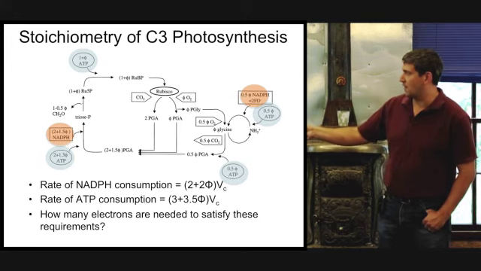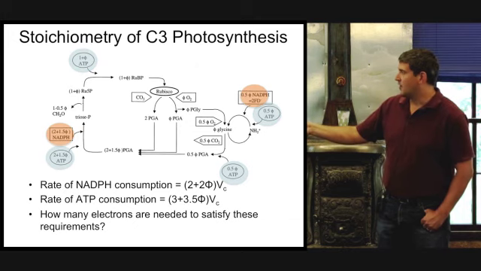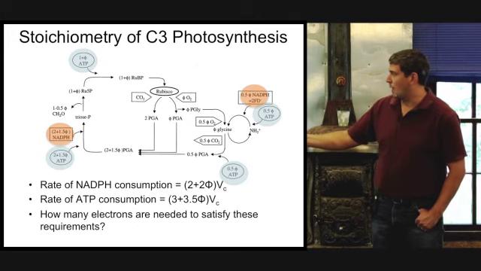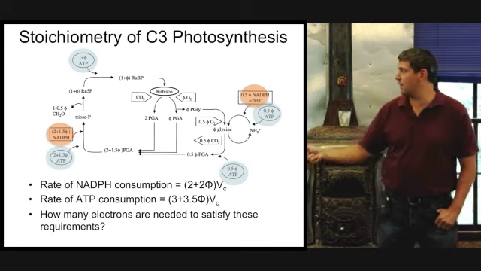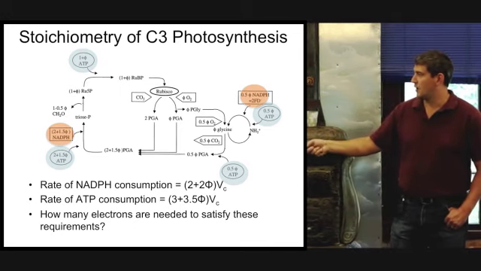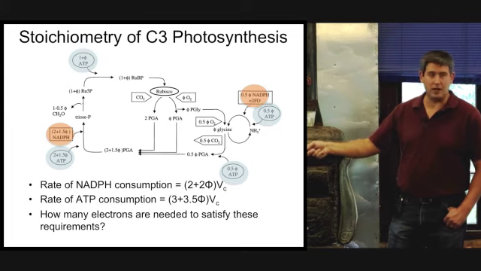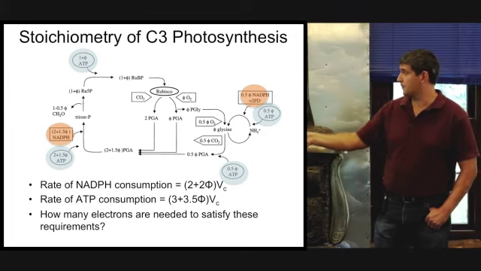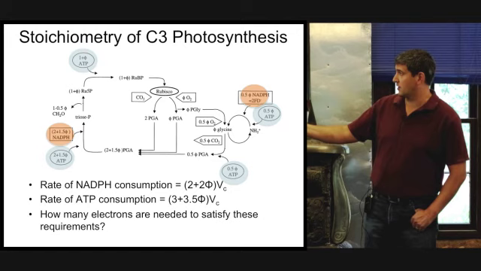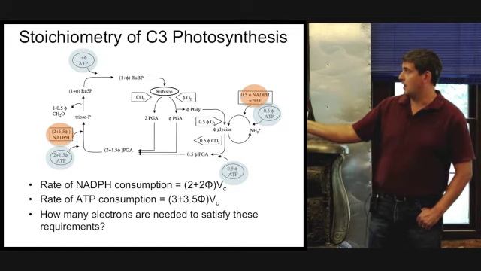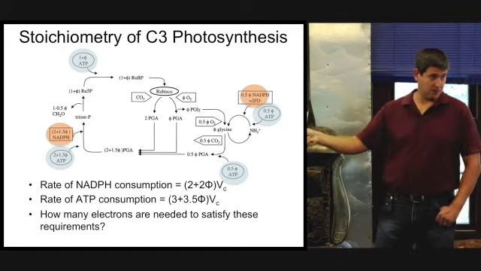Some of that comes off as carbohydrate. In the Calvin cycle, you need 2 plus 1.5 phi ATP. So if you're looking at the Calvin cycle, this is one area where you need ATP, and that's how much ATP you need. Up here at the step in the Calvin cycle, you need another ATP plus phi ATP.